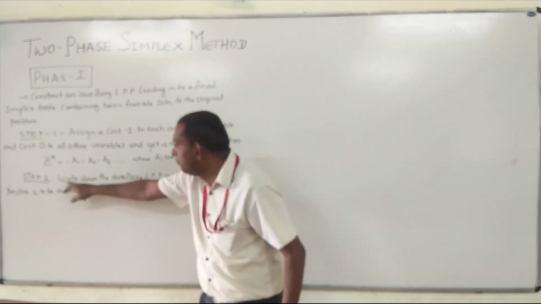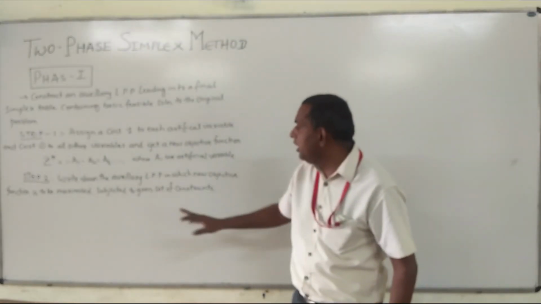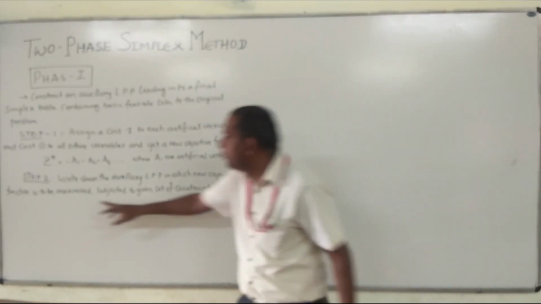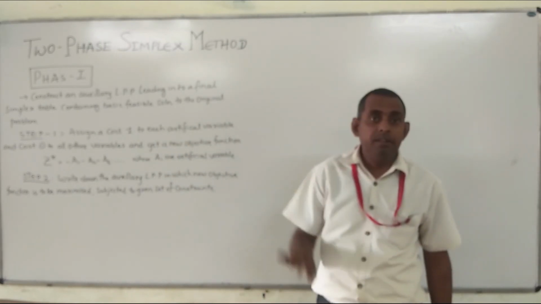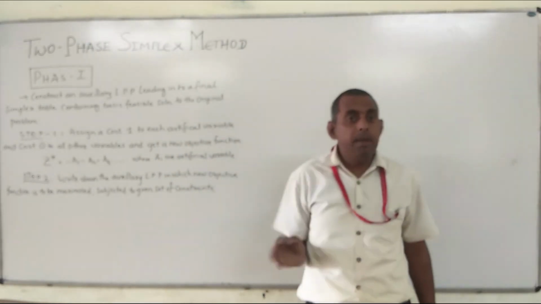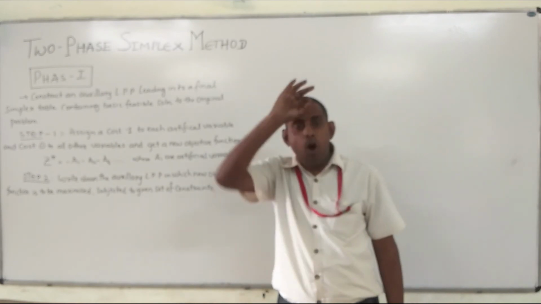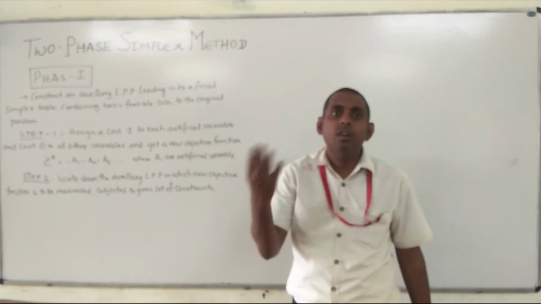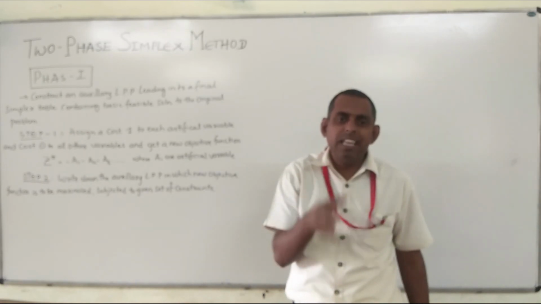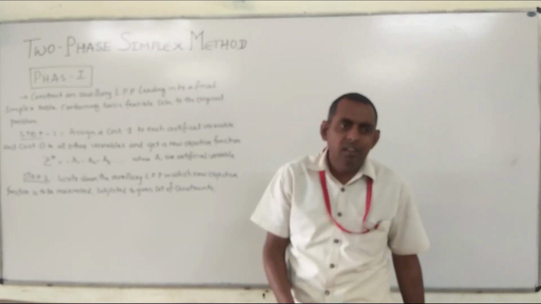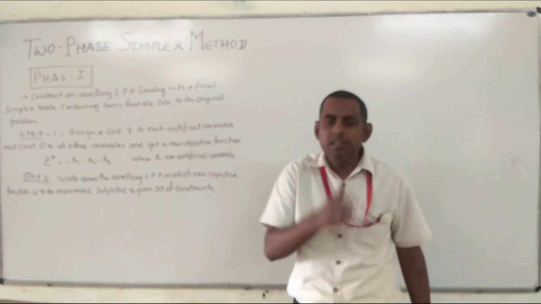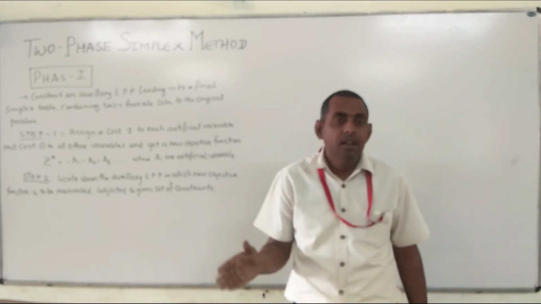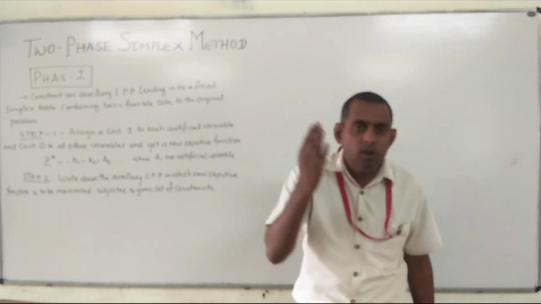So in step 2, we write down that auxiliary LPP in which the new objective function is maximized. In the auxiliary LPP, the objective function has to be maximized, whereas each artificial variable is assigned cost minus 1 and other variables are assigned cost 0.